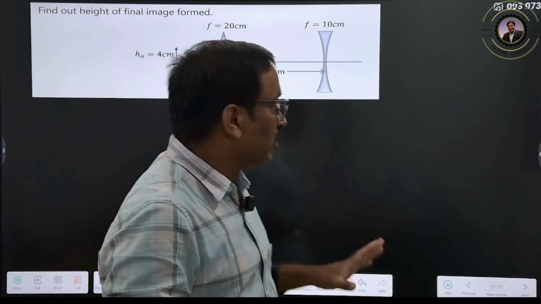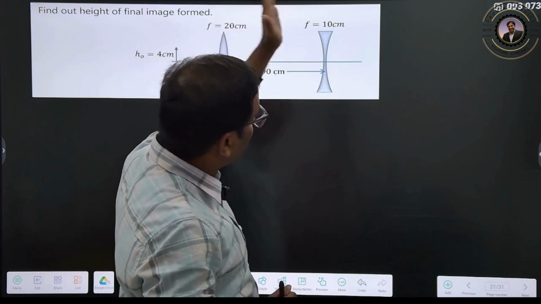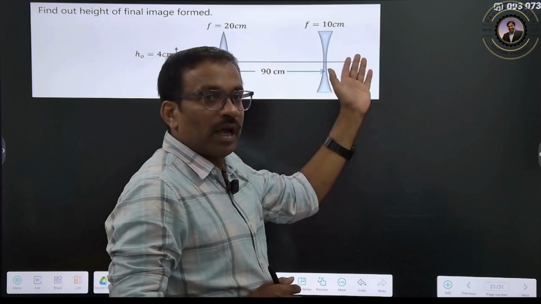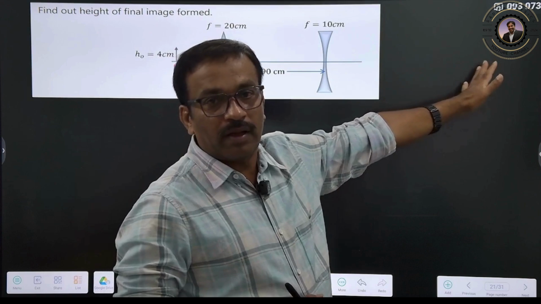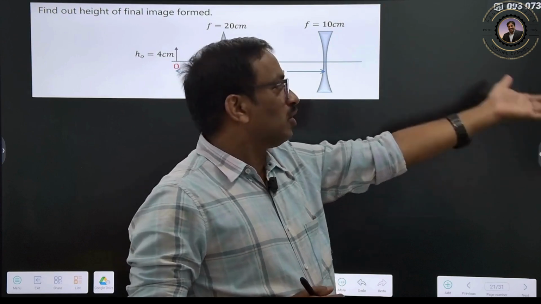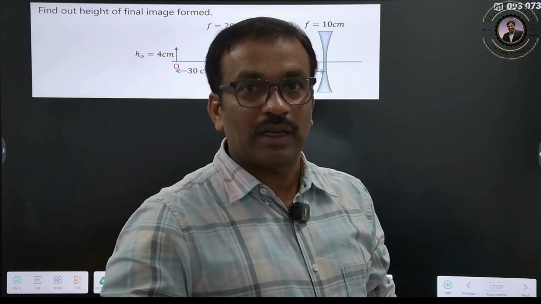You do the question with the first lens separately, then take that image, which will act like an object for the next lens, and then apply the lens formula again. However many lenses there are, that many times we have to apply the lens formula, so that you can solve the questions very easily. Clear?